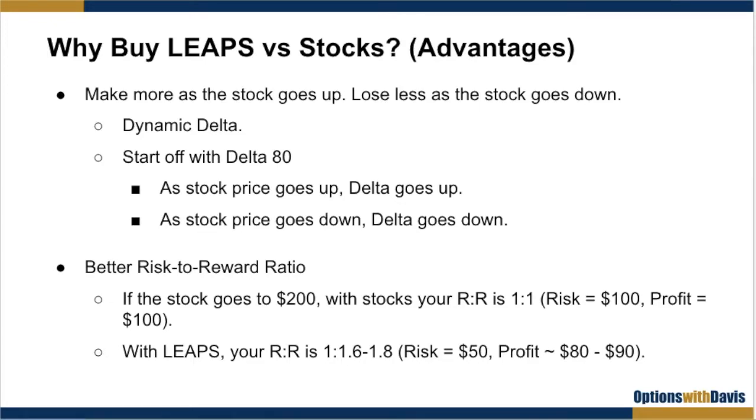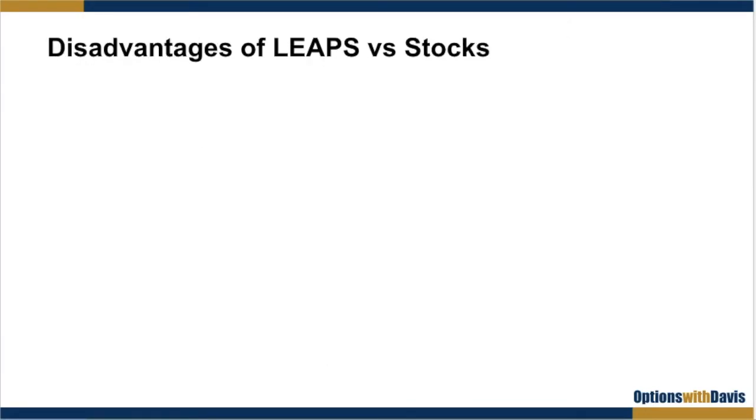So you will make $90 out of that $100 move. So if your profit is $90 and your risk is only $50, which is what you paid for, then your risk to reward is around 1:1.8. So your risk to reward is much better just simply because you have already limited the downside by a significant amount.